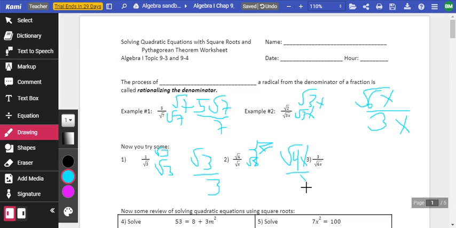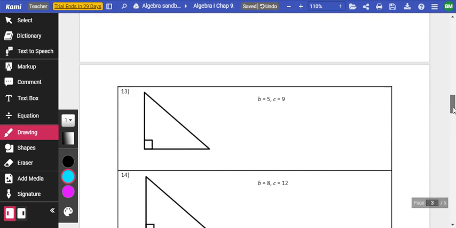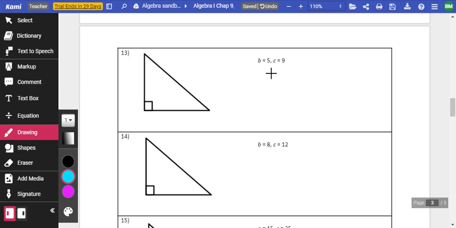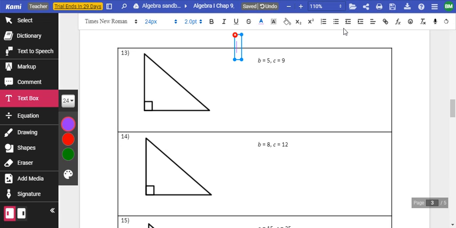Okay, let's do some Pythagorean theorem where we're going to have to use these square roots for things. So we're going to look at number 13. B is 5, C is 9. Now we know that the formula is A squared plus B squared equals C squared.